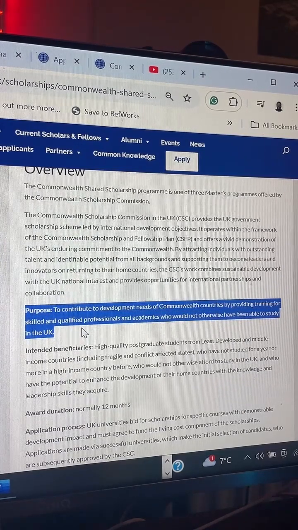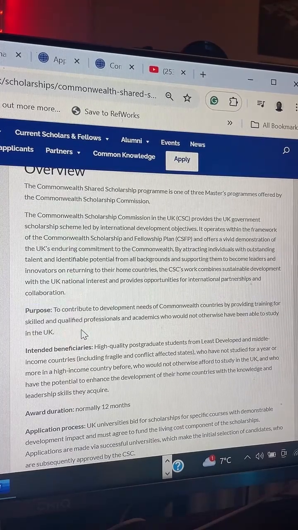The Commonwealth Scholarship and Fellowship Plan is also one of the bodies supporting this idea. The basic purpose of this scholarship is to contribute to the developmental needs of Commonwealth countries by providing training for skilled and qualified professionals and academics who would not otherwise have been able to study in the UK.